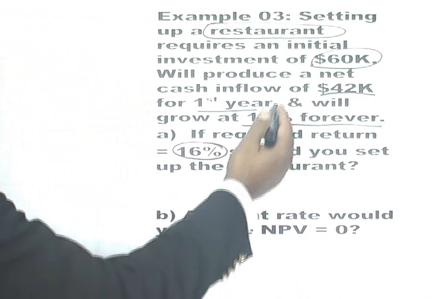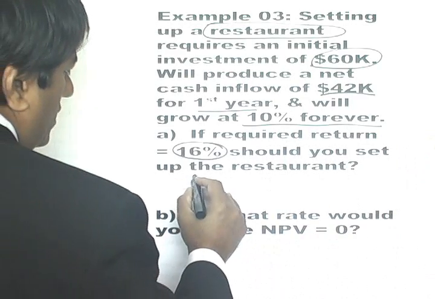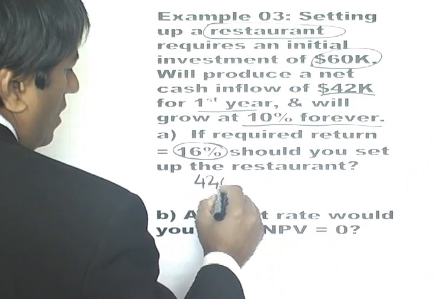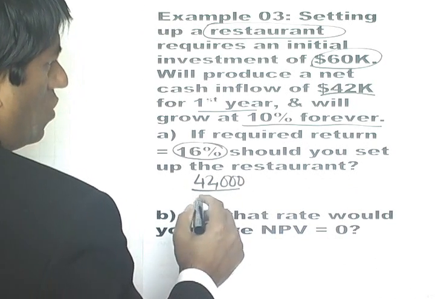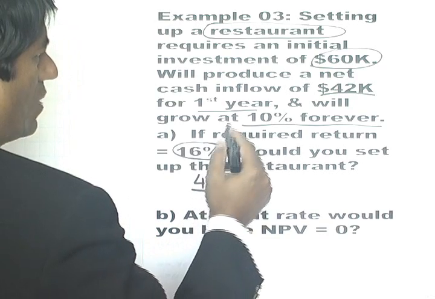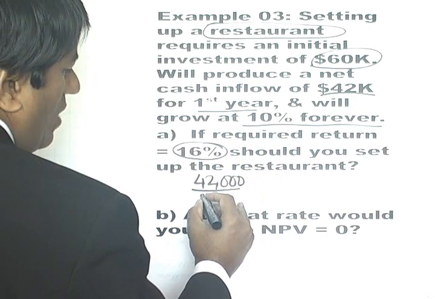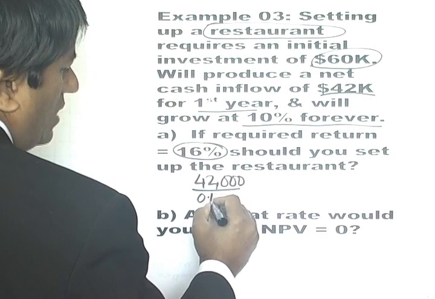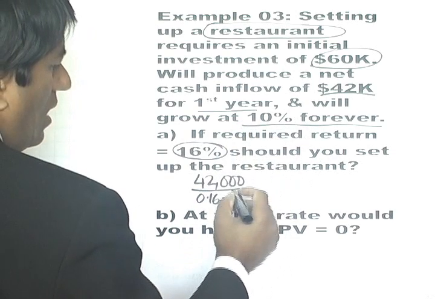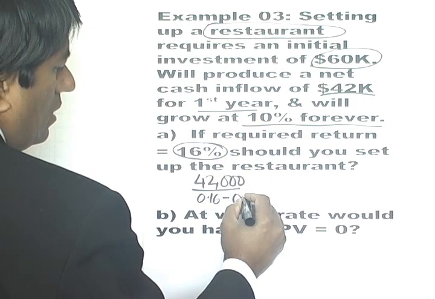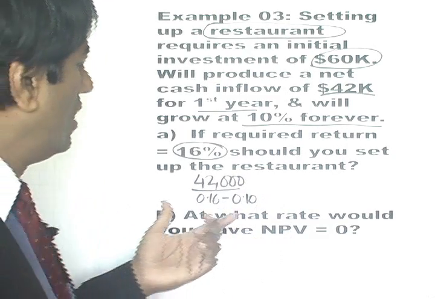And you have a cash inflow at the end of the first year of 42,000, and it's a growing perpetuity. So for a growing perpetuity, you are going to take the discount rate of 0.16 and you subtract the rate of growth of 10%.